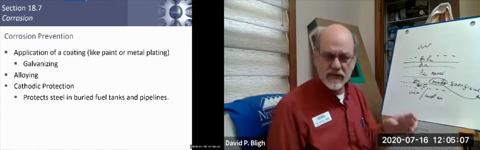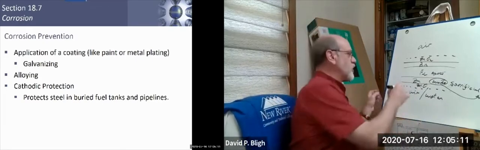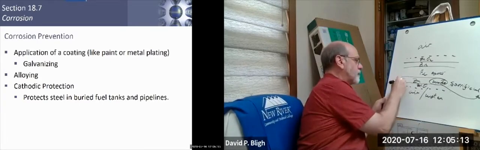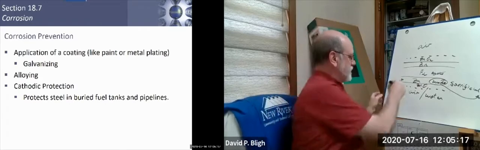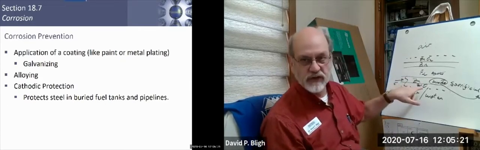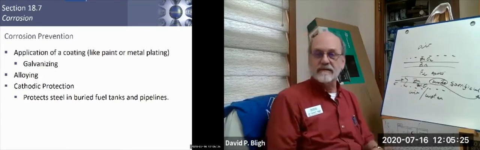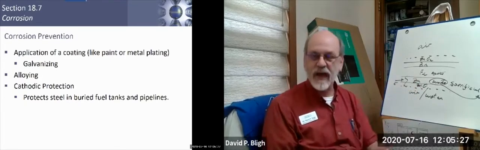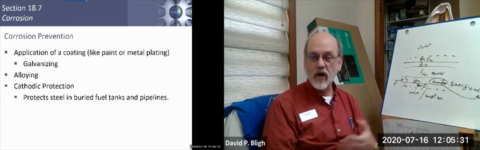But what they do is, as long as there's power in the ship, they provide an external current. And what that does is it continuously reduces the zinc oxide to zinc, right? And protects the sacrificial zinc from corrosion as long as there's power in the ship.